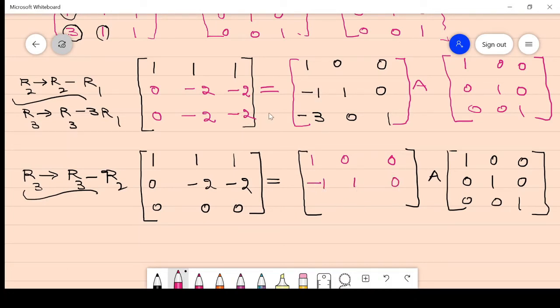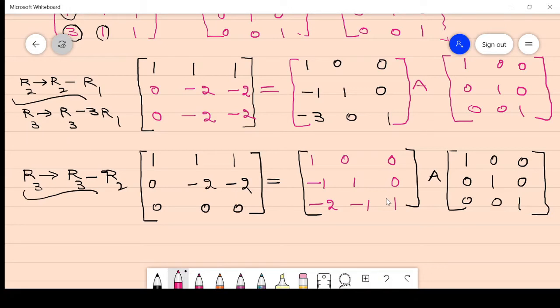And third is R3, subtract this term, so -3 plus 1 is -2, 0 minus 1 is -1, and this is 1. So that is converted in this way.